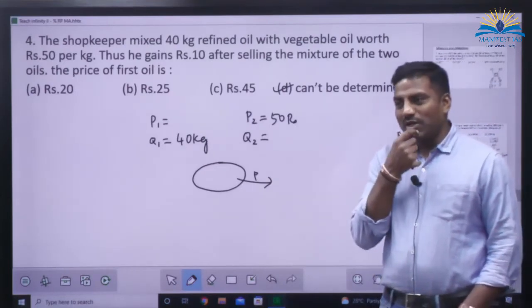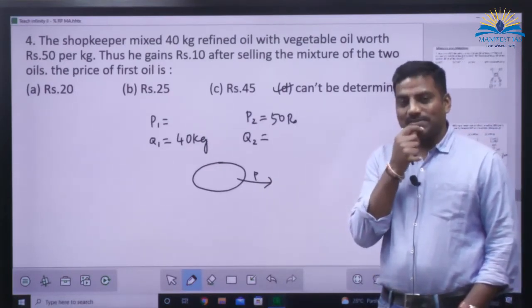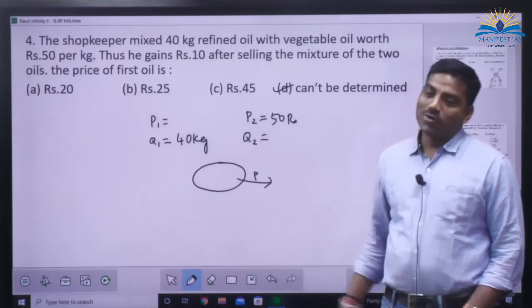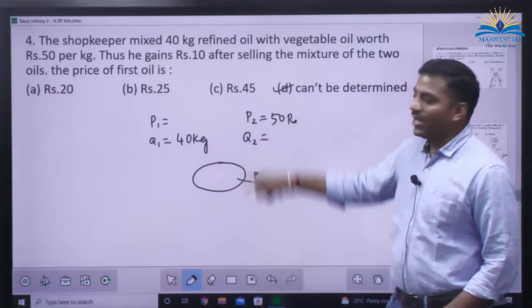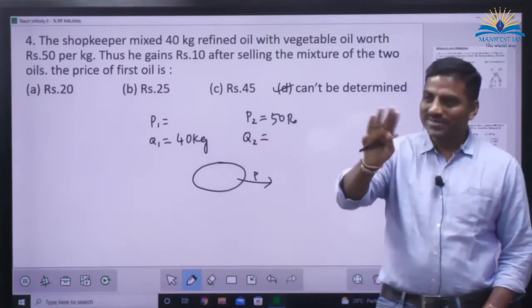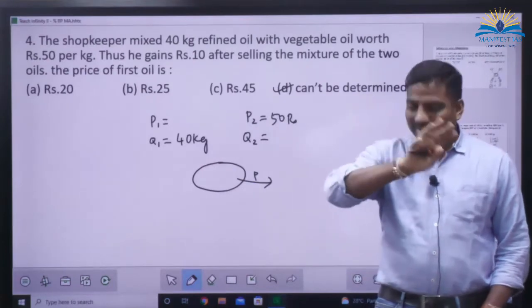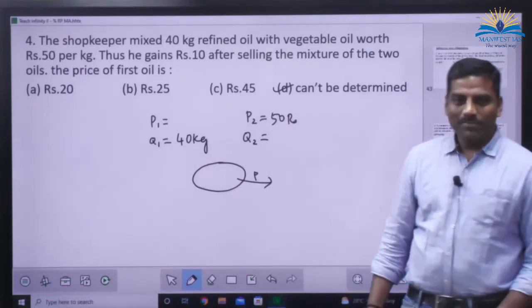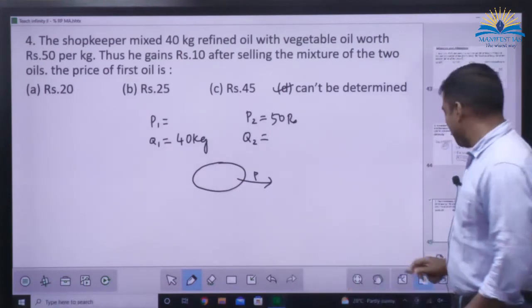Give me 50 rupees wala oil. He'll ask, how much quantity? No, it is not given. Then you will go again. I want to make 10 rupees profit, how should I make it? So he'll give you 10 rupees and tell you don't come next time. So it cannot be done. Okay?